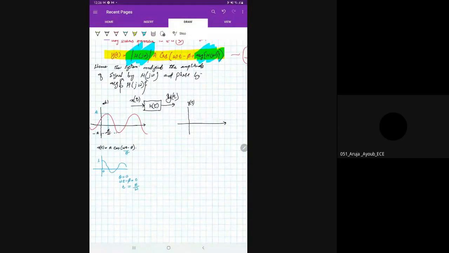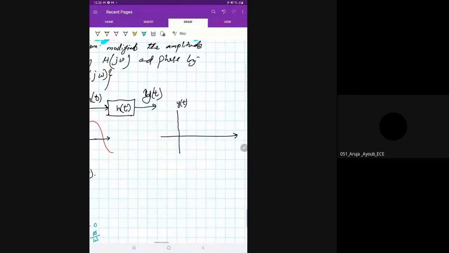So now we will draw the output. Okay, let us try to mark now the output. So say for example the output is like this.